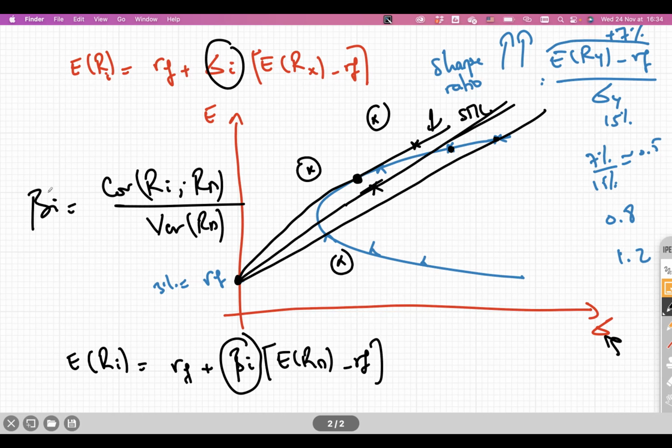That's why it's very important to know the sign of beta and also the magnitude of beta, how large this beta is. So the beta is a very important tool for any financial analyst because it will give you insights on which stocks you should consider for your investment.